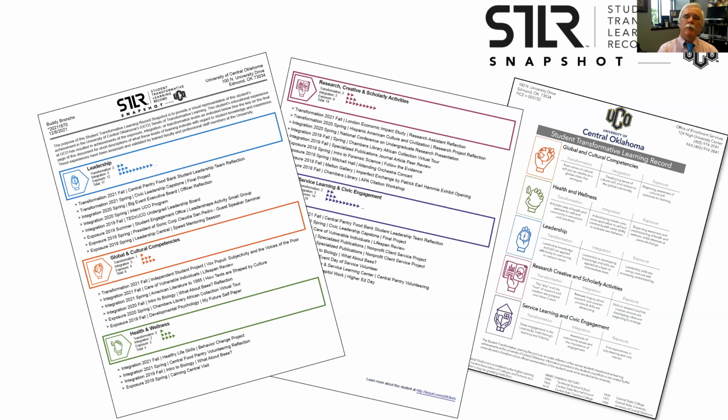But then integration is the level above it. In this example, a student achieved the integration level, at least in terms of what she wants to reveal on her snapshot, for 3 different stellar engagements. And then she actually achieved the highest level of transformation in 2 engagements.